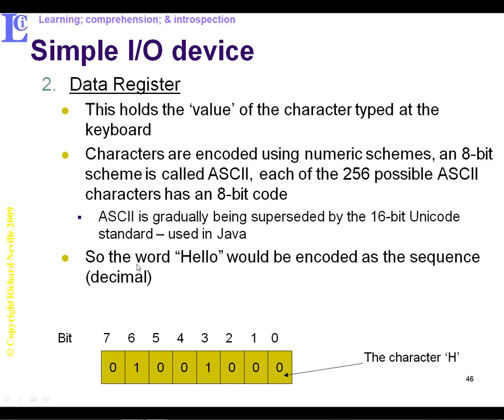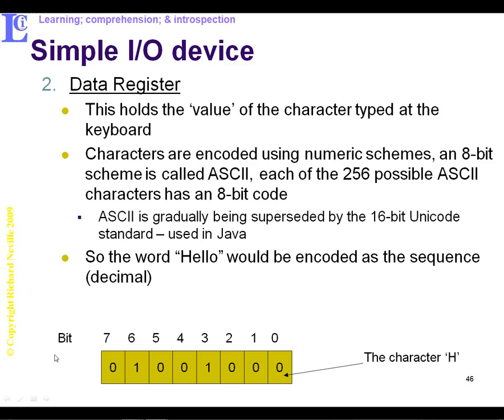So let's look at one particular sequence of key presses, H-E-L-L-O, hello. The encoding for the H would load the data register with this coding, 01001000, and that's equivalent in ASCII to an H character.